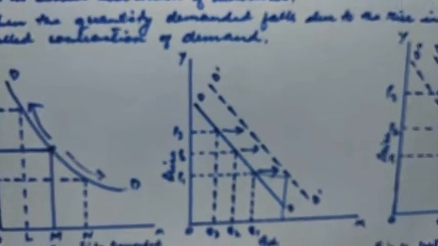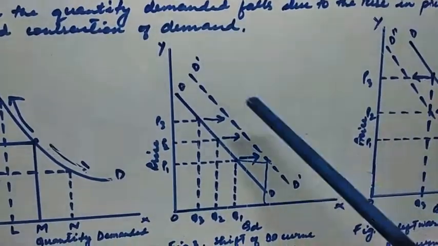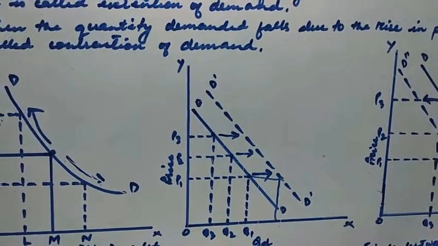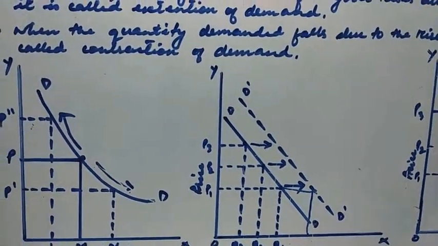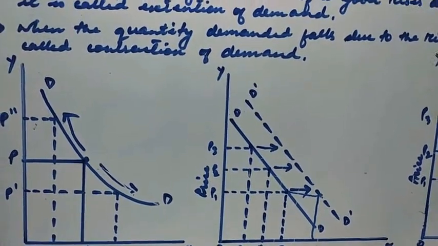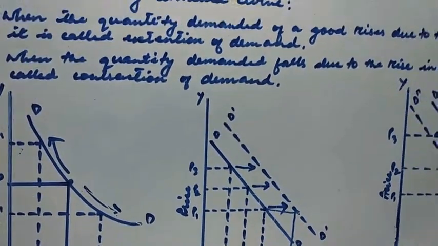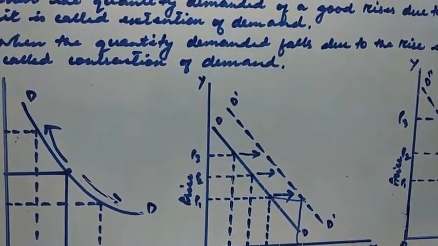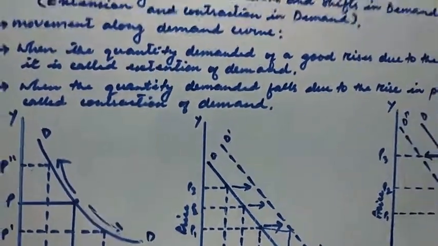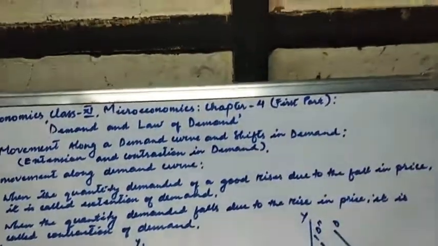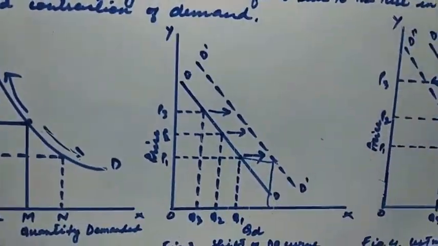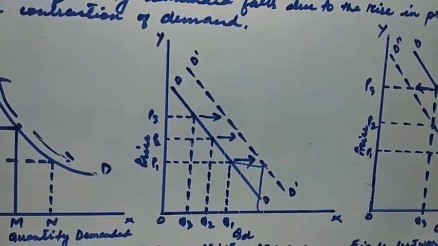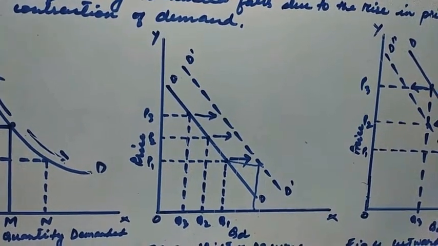And again, a shift of the demand curve can take place not only because of an increase in the income of the consumer, but also because of the preference of the people for a commodity. For example, color TV. People are beginning to prefer color TV over black and white TV.